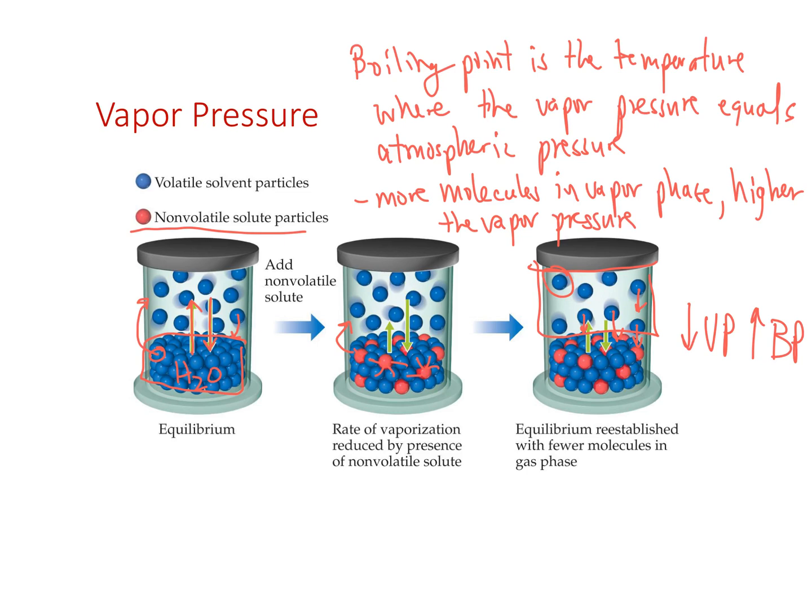By adding these sodium chloride ions into solution, I've decreased the vapor pressure. Now I have to heat the sample up even further so that the vapor pressure equals the atmospheric pressure. I made the vapor pressure farther apart from the atmospheric pressure, which means I have to put more energy in to reach that equilibrium with my atmospheric pressure. I've increased the boiling point as a result of that.